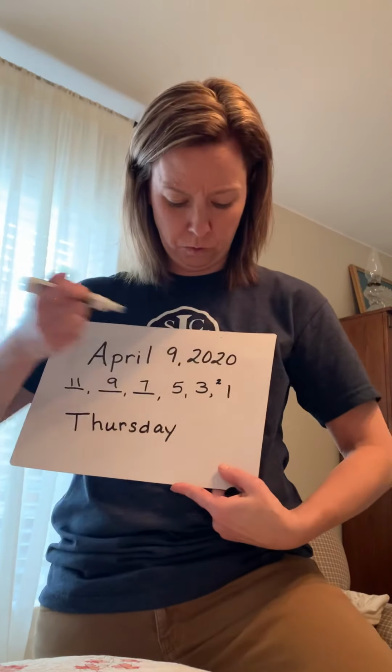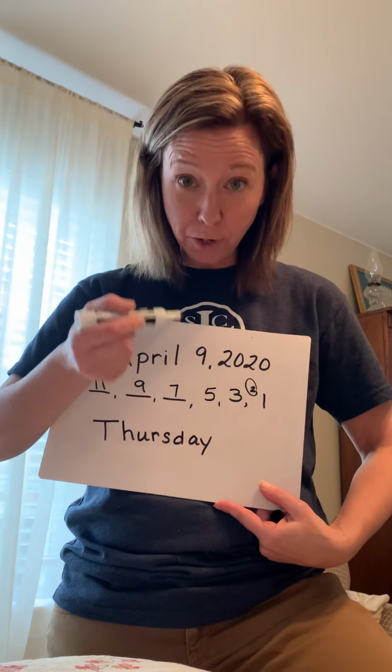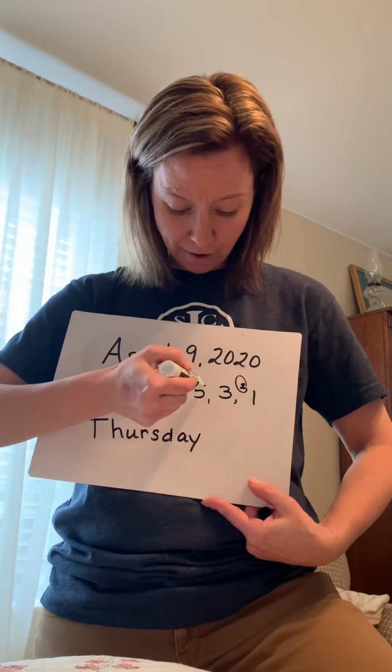And if you wanted to, you could also say you're skip counting, because what number comes in between 1 and 3? 2. What number comes between 3 and 5? Good. So you can kind of figure out your pattern that way too.